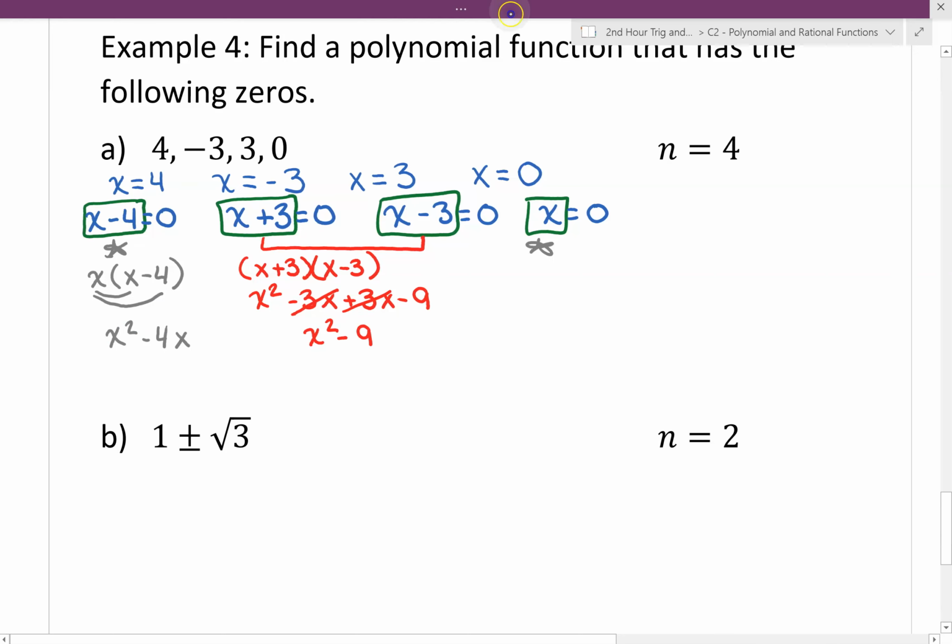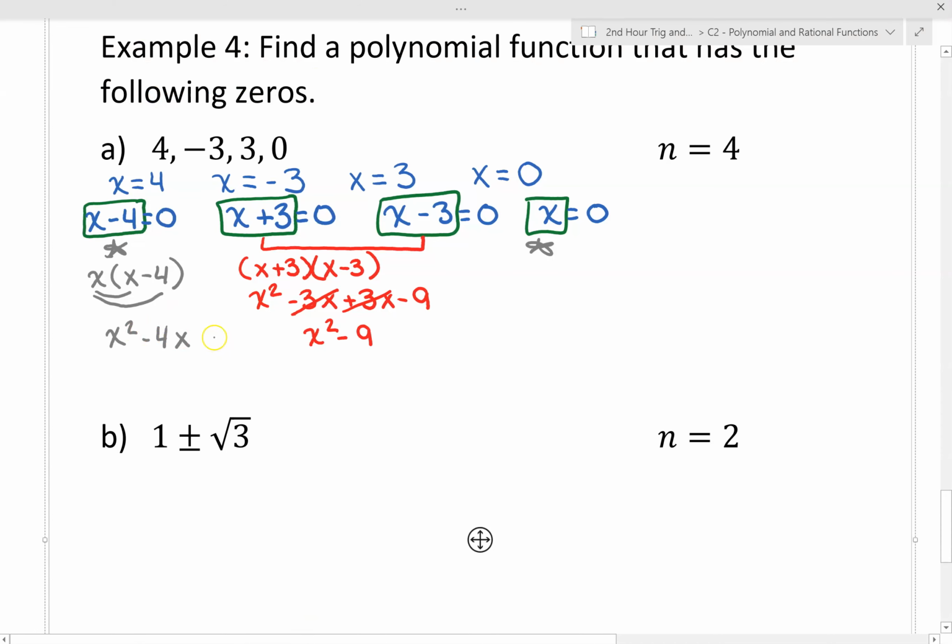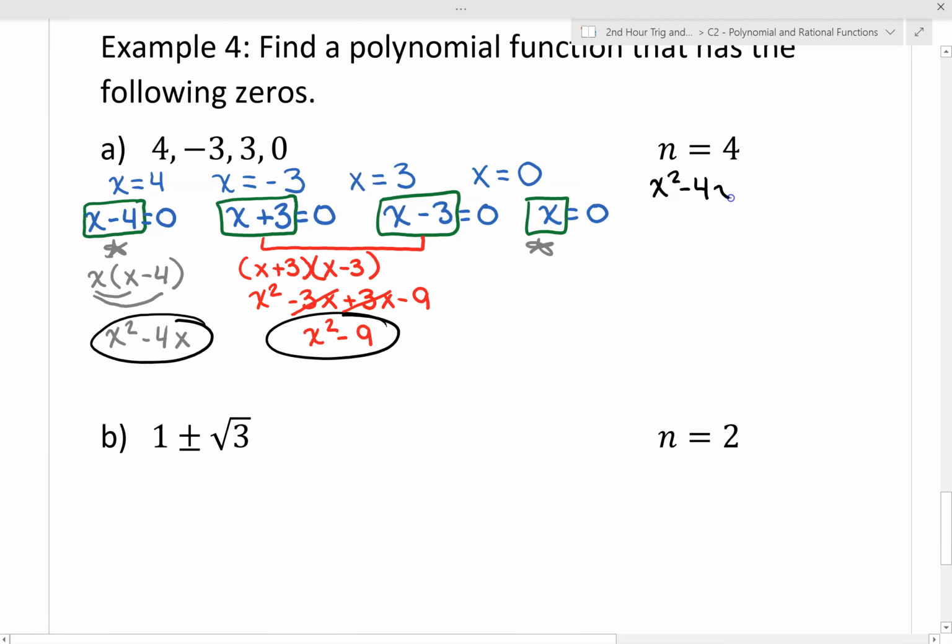So now all I have to do is take my two answers and multiply them together. So I'm going to take this one, and I'm going to multiply it out over here so I have some more room. Okay, so x squared times x squared would be x to the 4th. X squared times negative 9 is negative 9x squared. Negative 4x times x squared is negative 4x cubed.